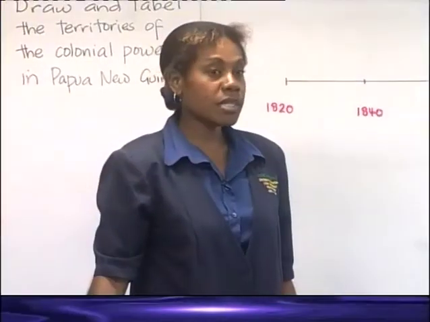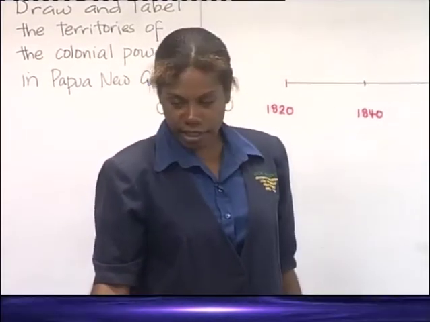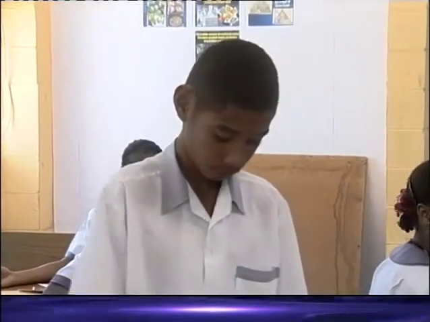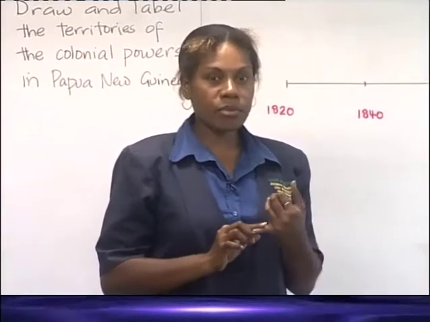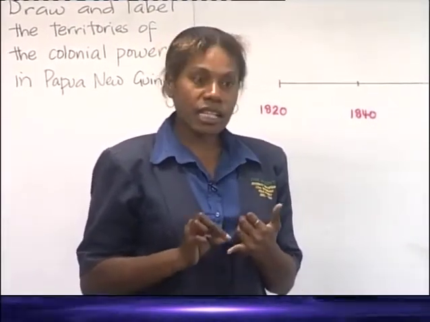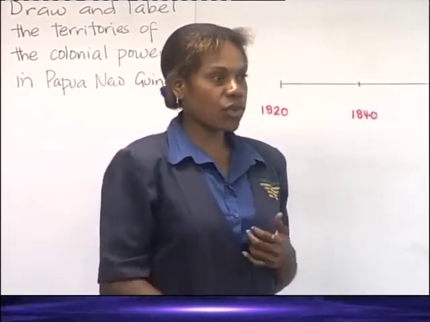What was the other European country? Andrew. Germany. All right, so Britain and Germany were the two main countries that colonized Papua New Guinea, and not forgetting Australia.